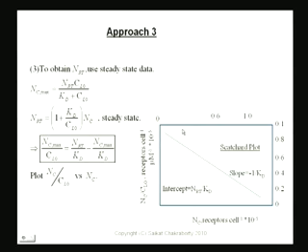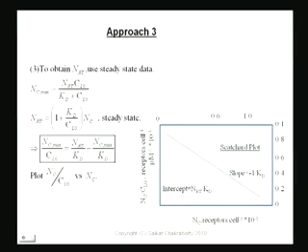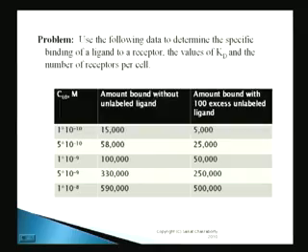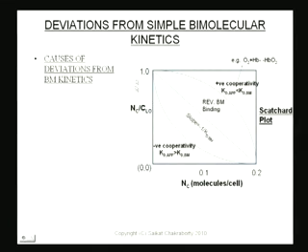You can keep varying the form, but it still remains a Scatchard plot, as long as you have the complex on one axis and the ligand on the other axis, fine. This is the problem that I gave you, and I hope you did that.